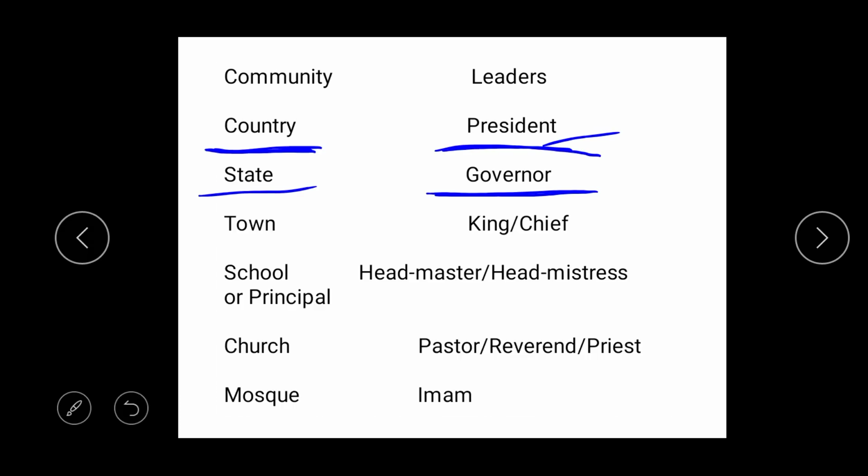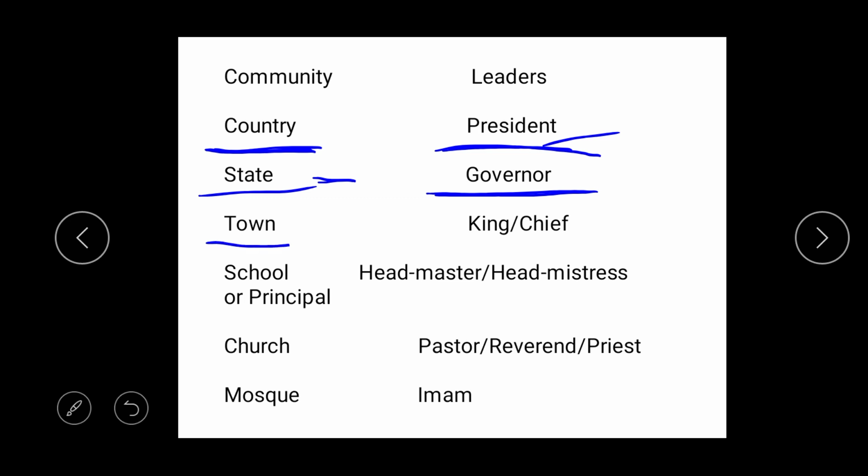This is the picture of Babajide Sanwo-Olu. He is the governor of Lagos State. So a state is headed by a governor. The leader of a state is called the governor.